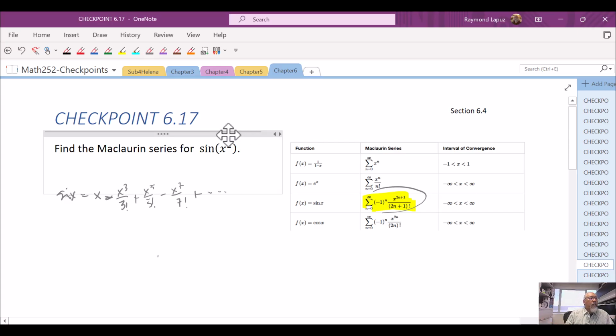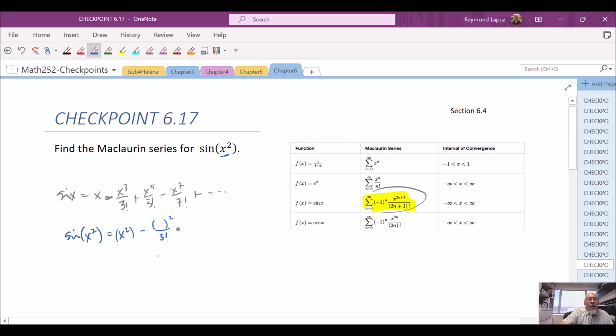Now what we want to do is simply put in an x squared for the x in the sine function. So sine x will become sine x squared, and that means wherever you see an x, you're going to replace it with an x squared.